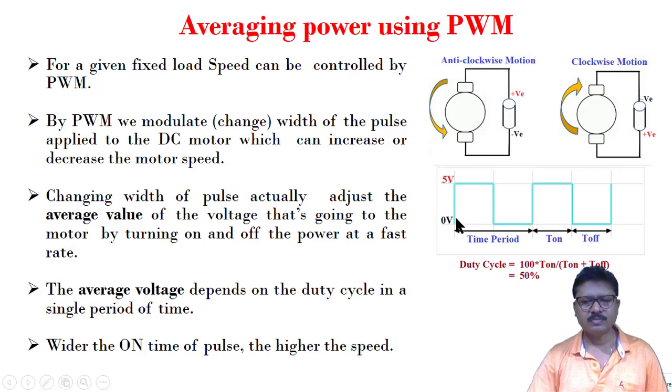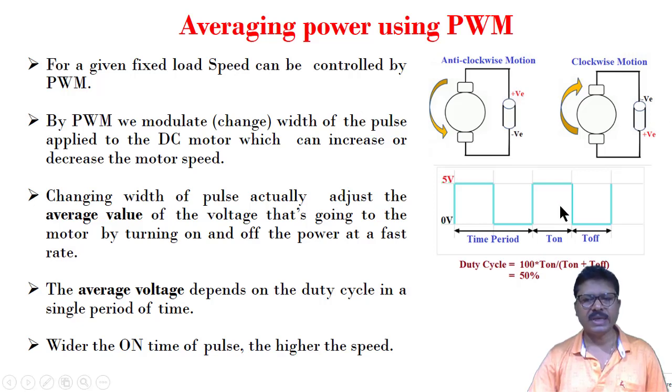So by this way, this is the output of the microcontroller. Using this output, in a similar way with a similar frequency, this power supply is cut and connected again. According to the time duration for connecting and disconnecting the power supply, the average power will be changed.